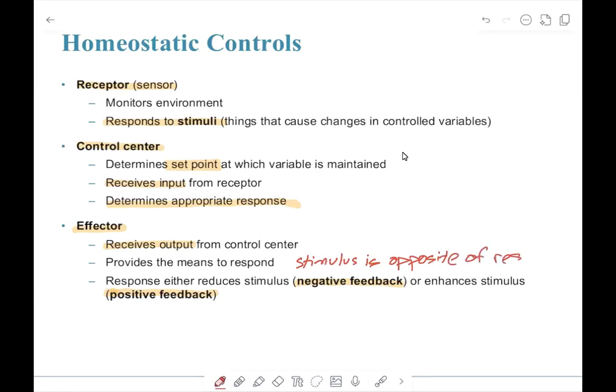It doesn't mean that it's bad, so I don't want you to think that. In the case of positive, also, this does not mean that it's good. It means that this stimulus is the same as the response. And this will make more sense in the upcoming slides.